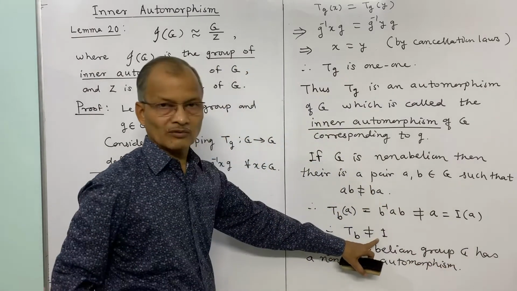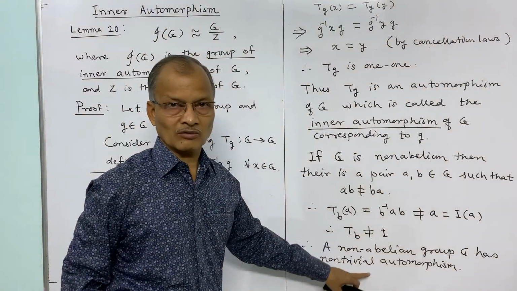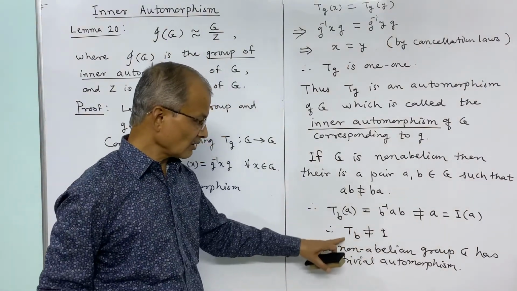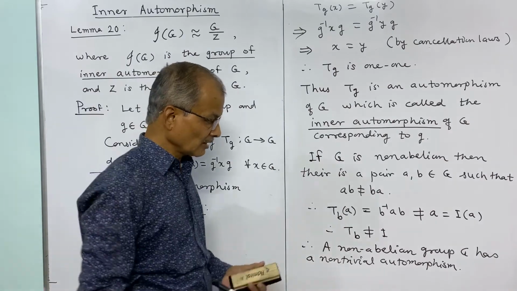Non-trivial means not equal to identity. The identity mapping is always an automorphism, but there exists a non-trivial automorphism for a non-abelian group.